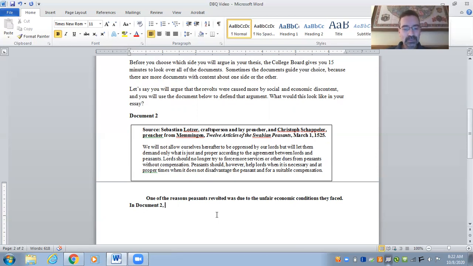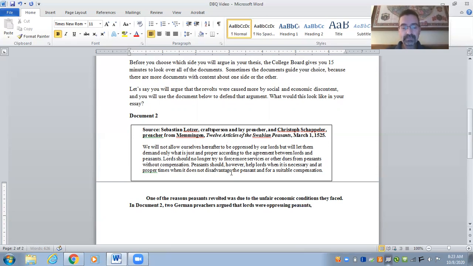In document 2, 2 German preachers argued that lords were oppressing peasants.